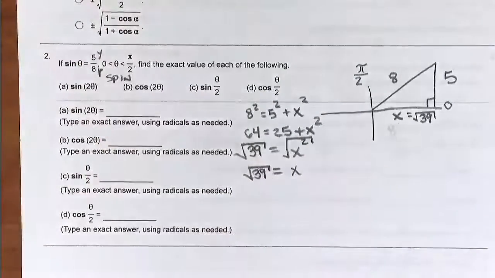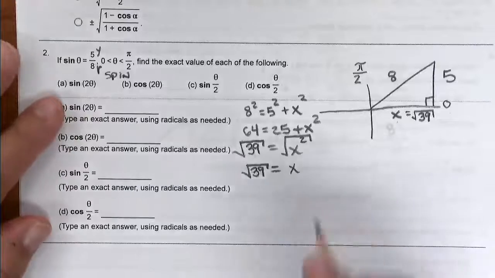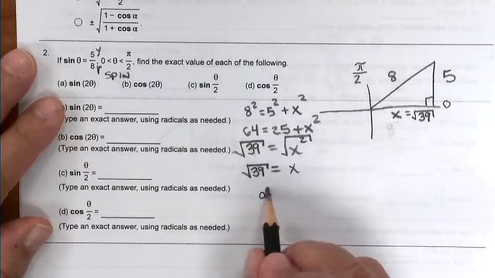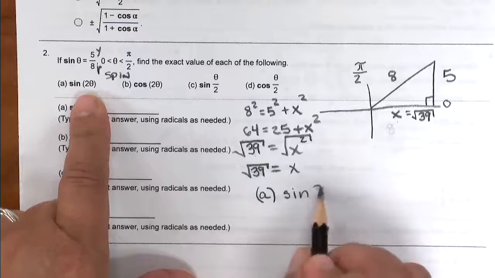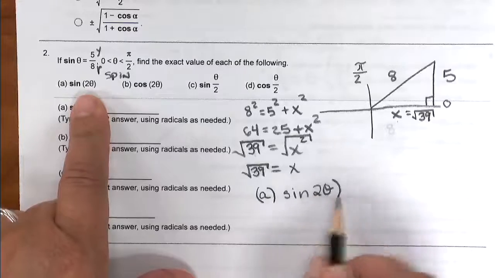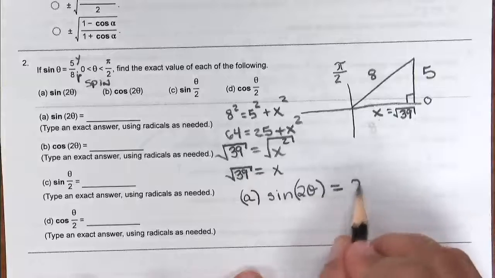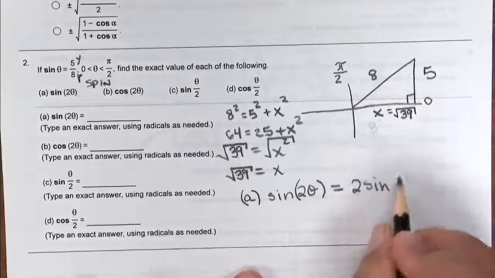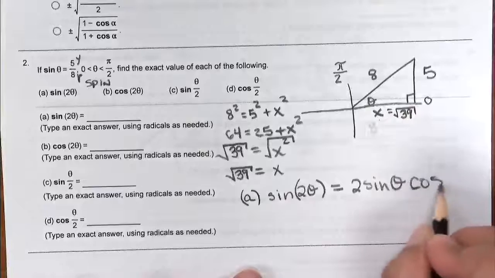Okay, then let's go get the formula so that we can do the things that we need to do. So for part A, you're being asked to do the sine of a double angle. Look on your formula sheet to go get the formula for doing what I'm about to do, which goes like this. 2 times sine of the regular angle theta times cosine theta.